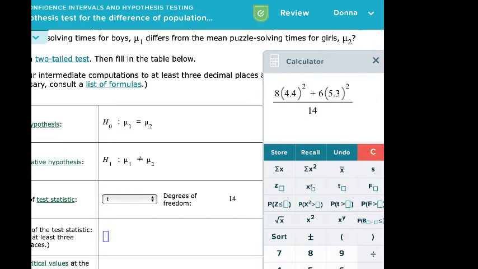I typed 16, but it's 14, and if you add 8 plus 6, you'll also get 14.